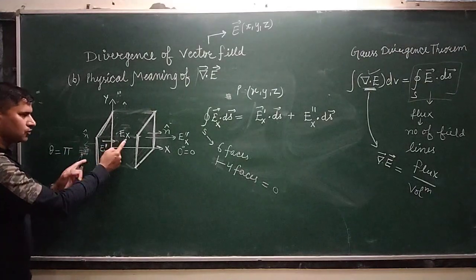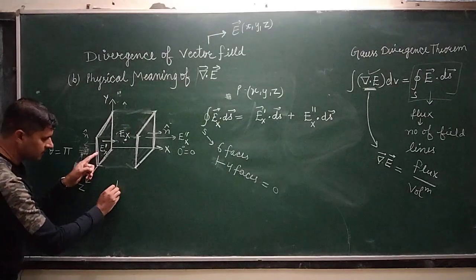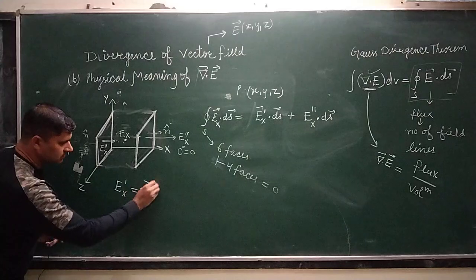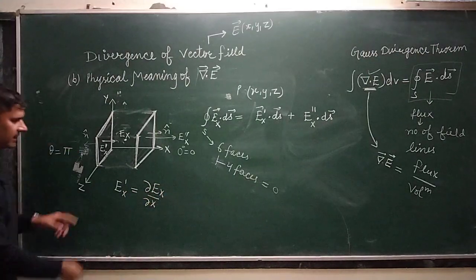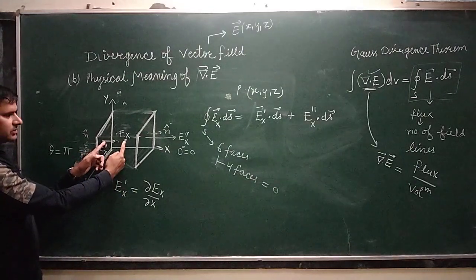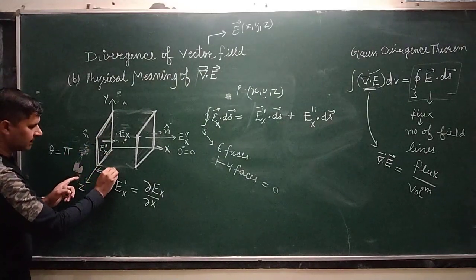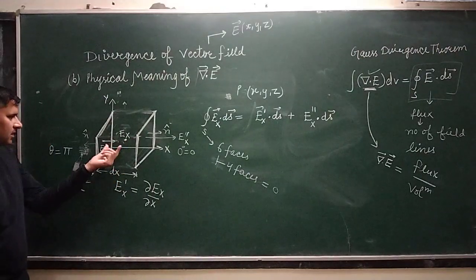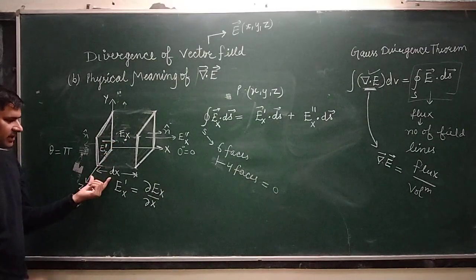So to find the value of x component of electric field at the first face, you can make use of this Ex dash, the rate of change of x component with respect to x. Now you are to find what this gap is, the gap between the center point and the first face. If I assume that the dimension of the cuboid is dx, and this is the center point, the gap between the center point and the first face will be dx by 2.